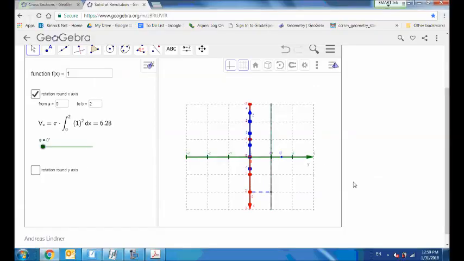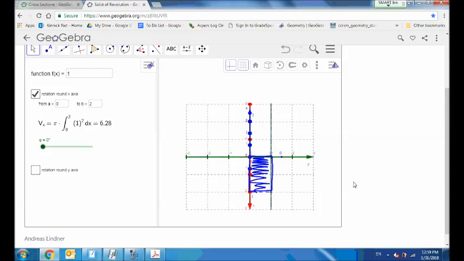Here is a different GeoGebra file built actually for some ideas studied in calculus, but we're going to use this GeoGebra file to look at rotations that are created as you rotate two-dimensional shapes around a provided axis. We'll start with the one we looked at in Engage New York, where you have a rectangle rotating around an axis.